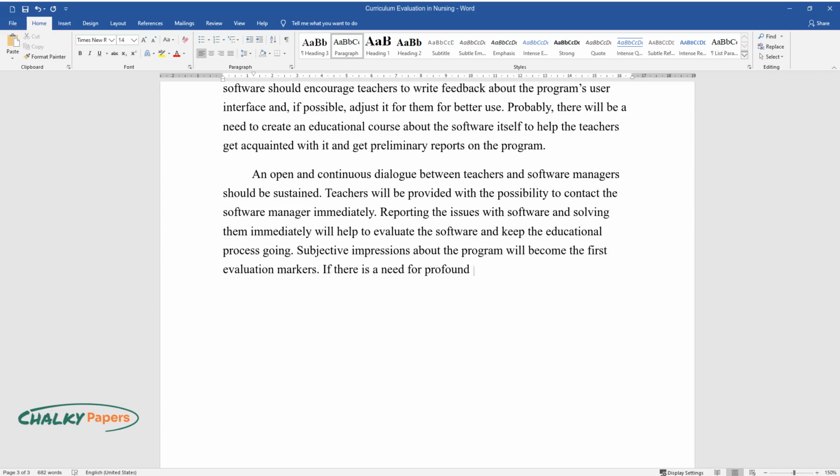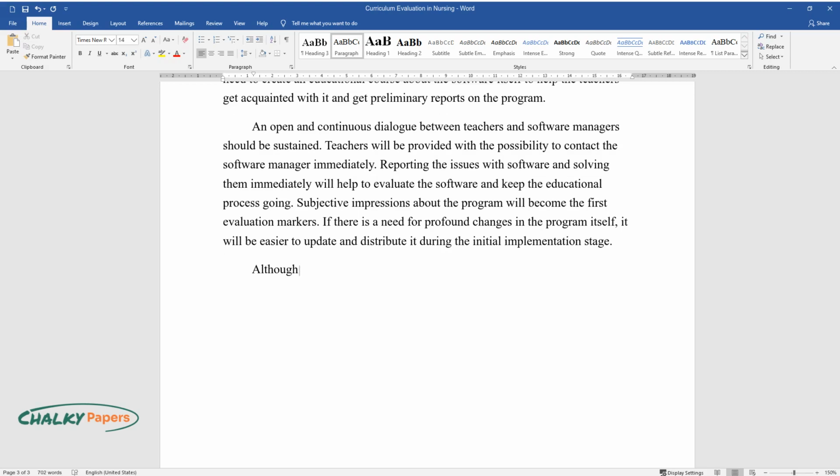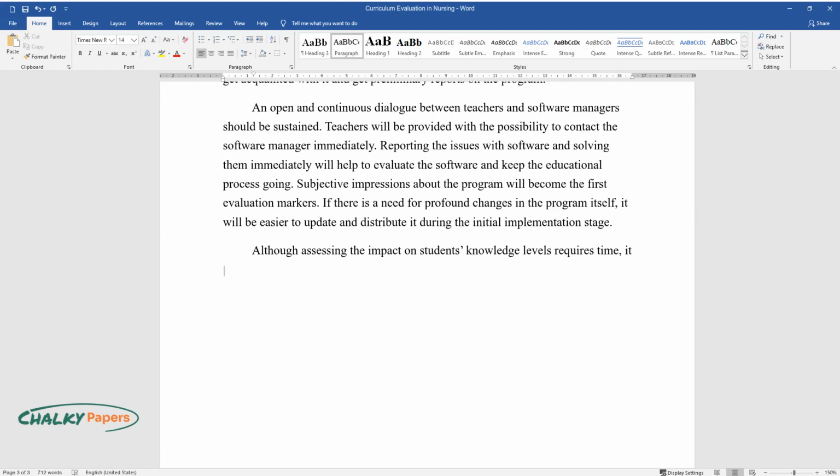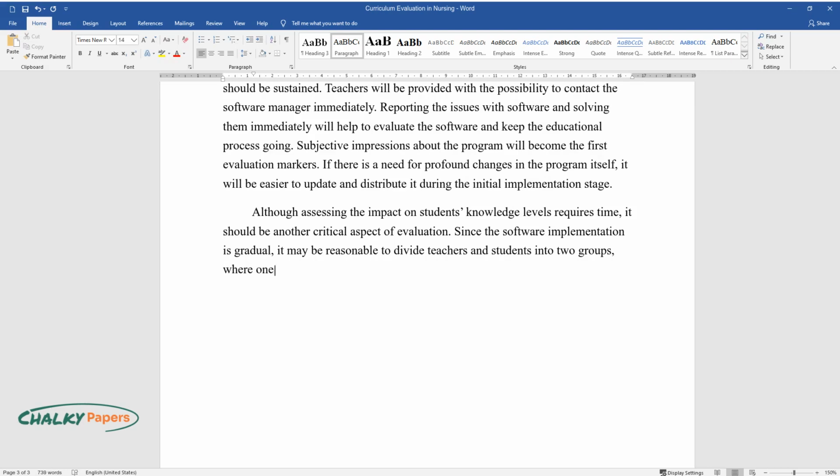If there is a need for profound changes in the program itself, it will be easier to update and distribute it during the initial implementation stage. Although assessing the impact on students' knowledge levels requires time, it should be another critical aspect of evaluation. Since the software implementation is gradual, it may be reasonable to divide teachers and students into two groups, where one will use the software and the other will not.